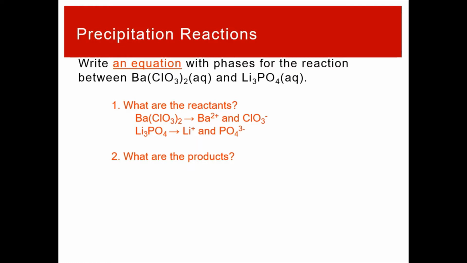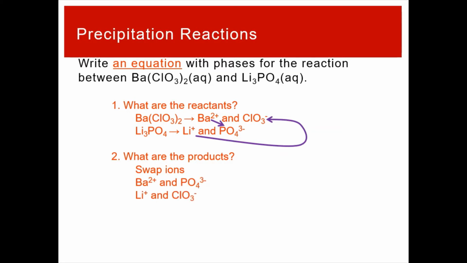So I need to recognize what ions are contained in here, and then how they can swap. I do the cation with the other anion, and I swap between the two. And then I form products from those pairs, which I can do using the crossover method that we talked about previously for determining the formulas of ionic compounds.